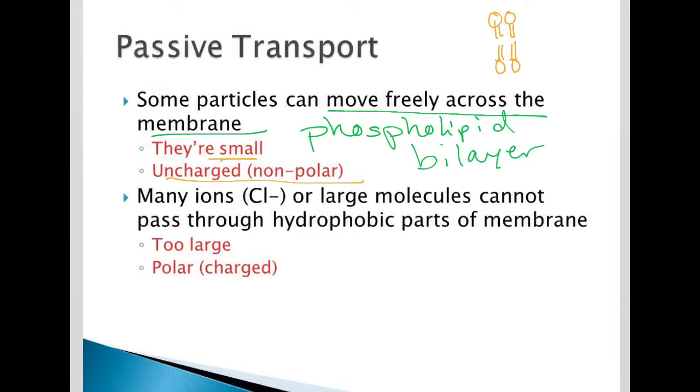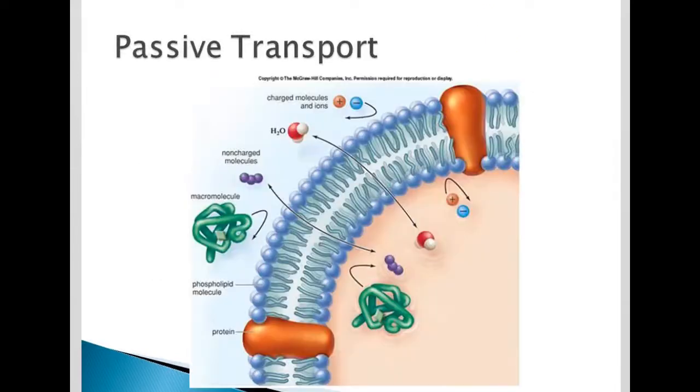However, those aren't the only things that cells want. There are going to be lots of ions, so for example, we have a chloride ion here, or larger molecules that can't pass through those hydrophobic parts of the membrane. Either they're too large or they're polar or charged. So they will need some help. This is a really nice image of this.